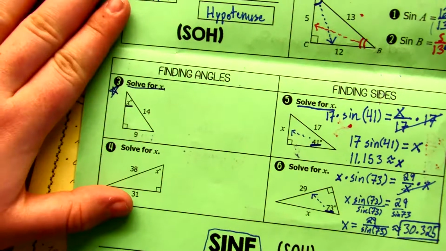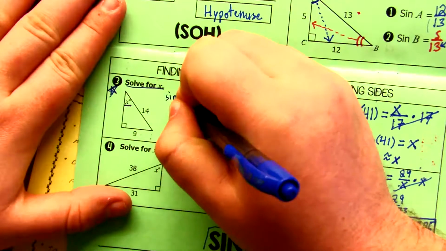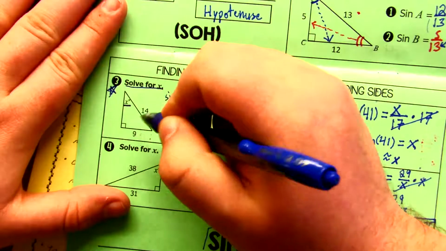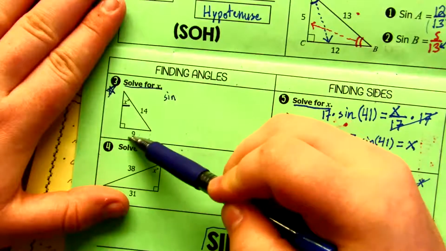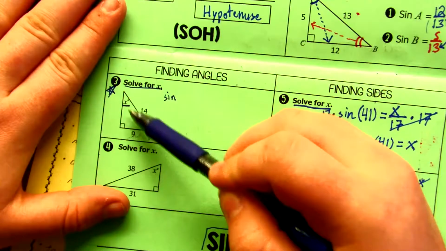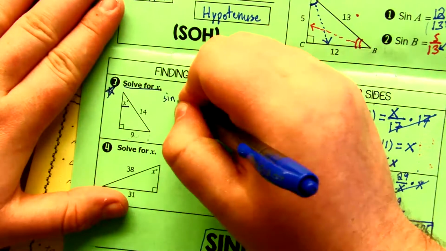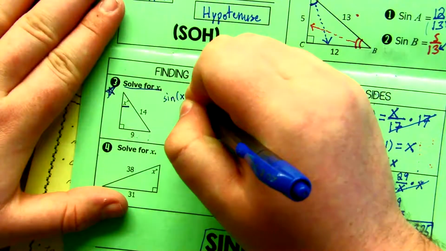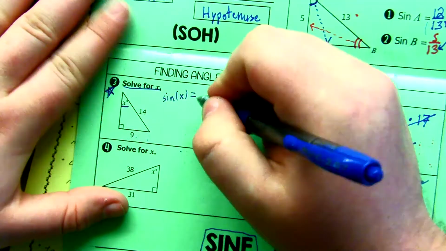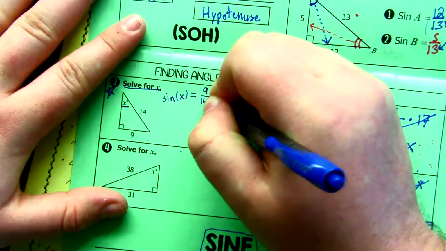The trig ratio we're going to want to use is sine. And we choose sine because we notice we've gotten a hypotenuse, and the other side we have is opposite our angle. So we're going to say the sine of x is equal to opposite leg over hypotenuse, which means the sine of x is equal to 9/14.